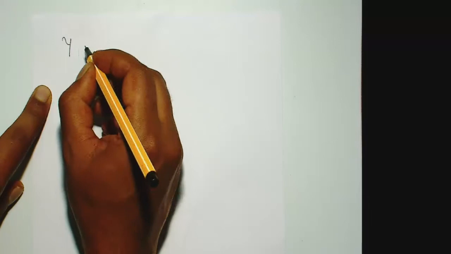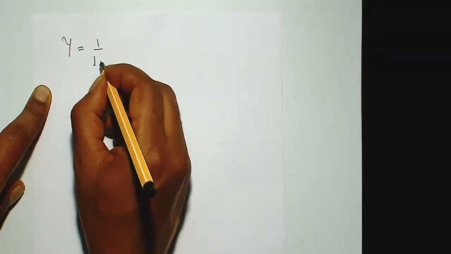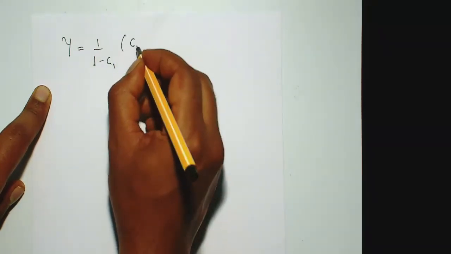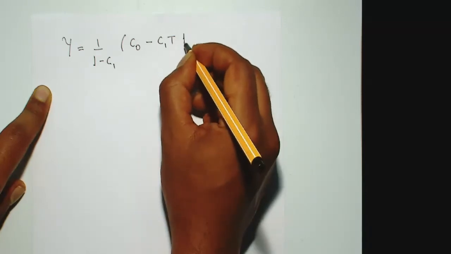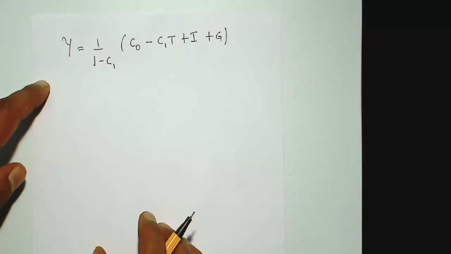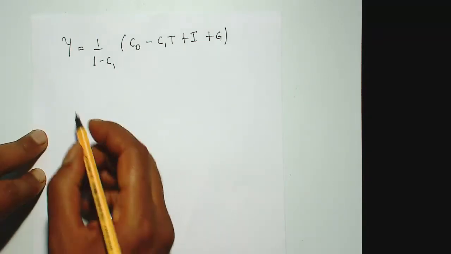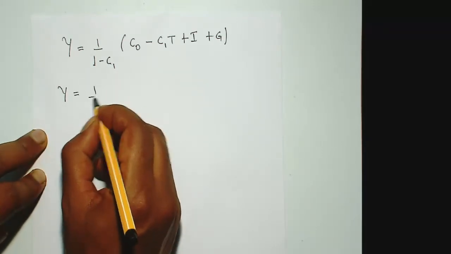As you remember, in our exercise 6.1, we have defined the equilibrium condition where we say our income can be defined within this formula, within this framework. From our table, which we have seen, we can replace all the numbers.